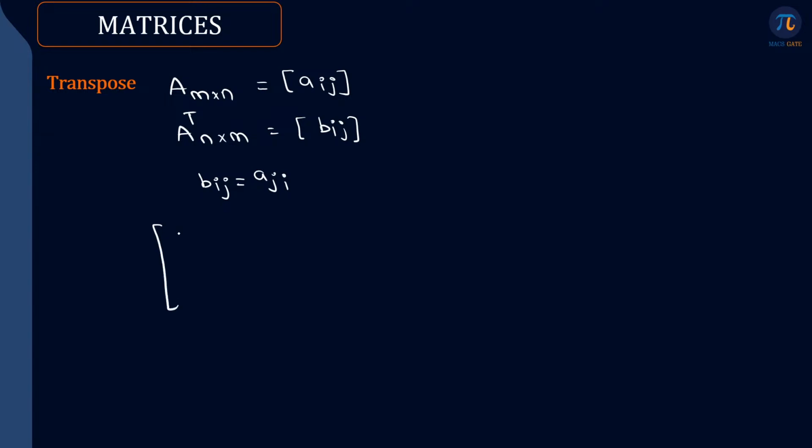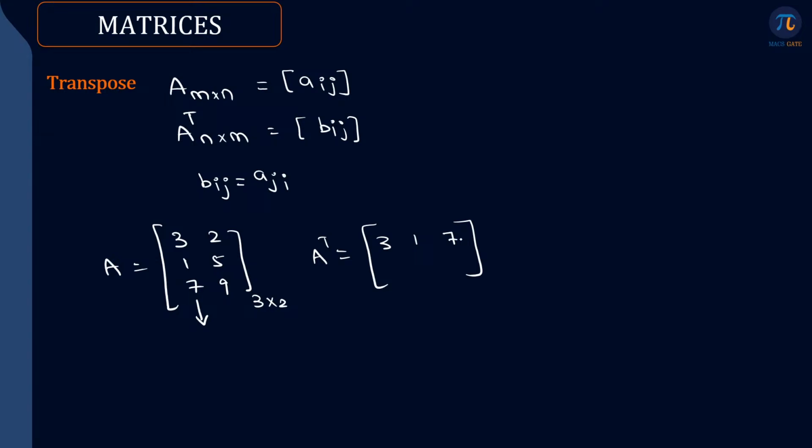That is, suppose you are having 3, 2, 1, 5, 7, 9, which is a 3 by 2 matrix. What is the transpose? Simply convert rows into columns and columns into rows. So the first row becomes the first column, the second row becomes the second column. So this is called transpose.